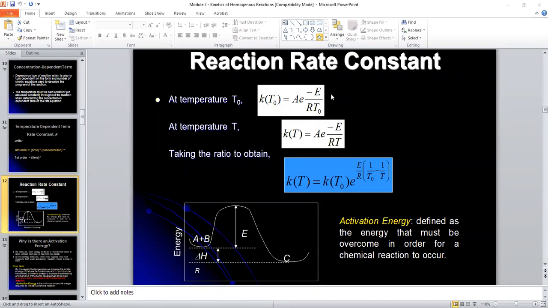Okay, what about, so this is the last person that I'm going to ask. Ezra. Yes. Okay, how did this blue equation come about using the first two white equations?